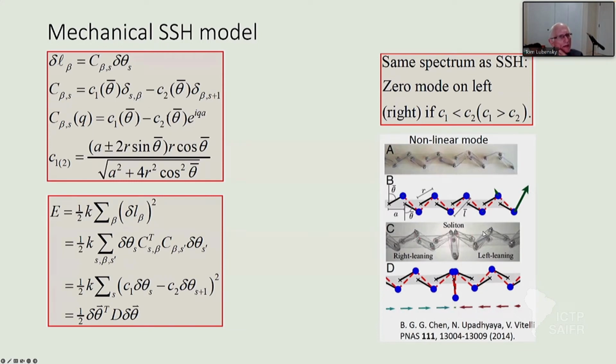And you can Fourier transform, and you get something that looks exactly the same as we had before with a C1 and a C2 and an e^(iqa). The only thing is now the real part of this lattice is much more complicated, but it can be dealt with. And you can go through the analysis here, and you get exactly the same thing that you get for the Su-Schrieffer-Heeger model. So you can calculate that as.